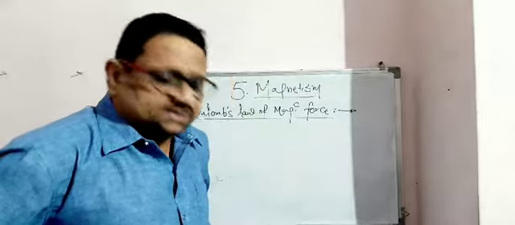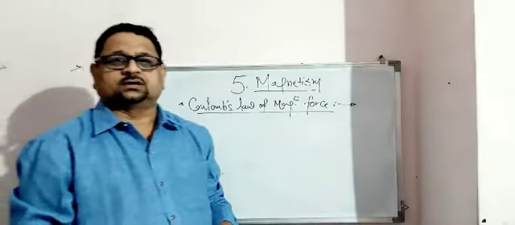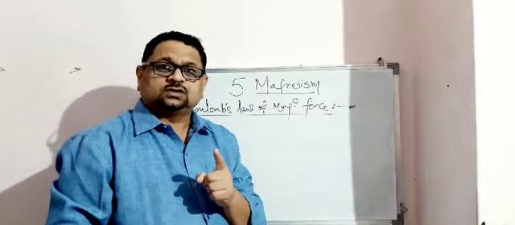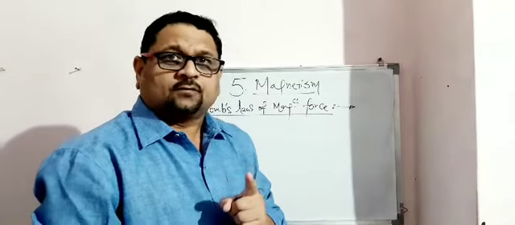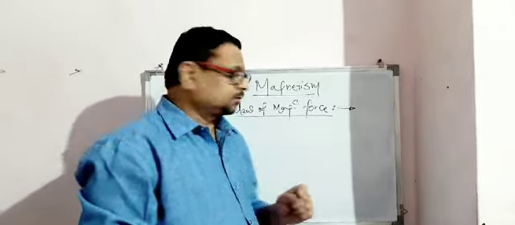This law can be stated like this. The law states that the force of attraction or repulsion is directly proportional to the product of its pole strengths. Directly proportional to the product of pole strength.